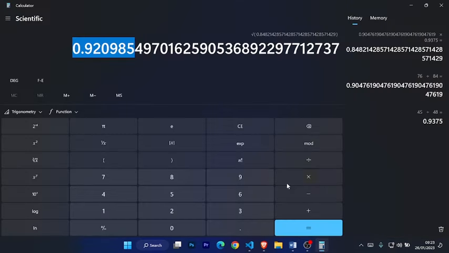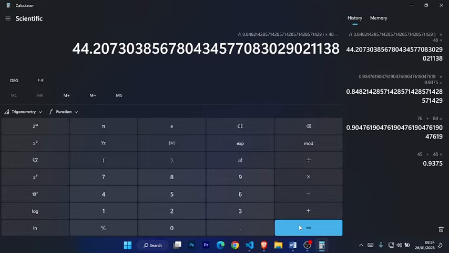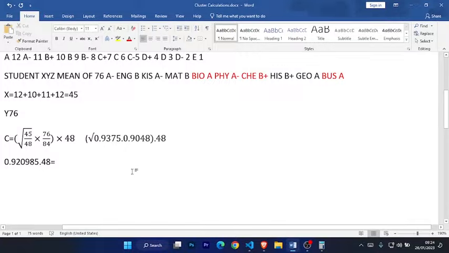Just use answer here and multiply by 48. And we get our points as 44.203. This will be our cluster here.